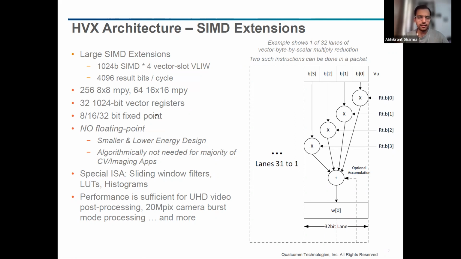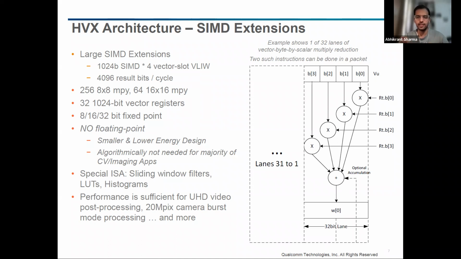Trying to dig slightly deeper into the HVX architecture, there are 32 dedicated registers which have a bit length of 1024 bits. These vector registers can do character, short integer, and integer bit fixed point arithmetic. There is no support for floating point arithmetic, and this helps ensure the hardware design is really small.